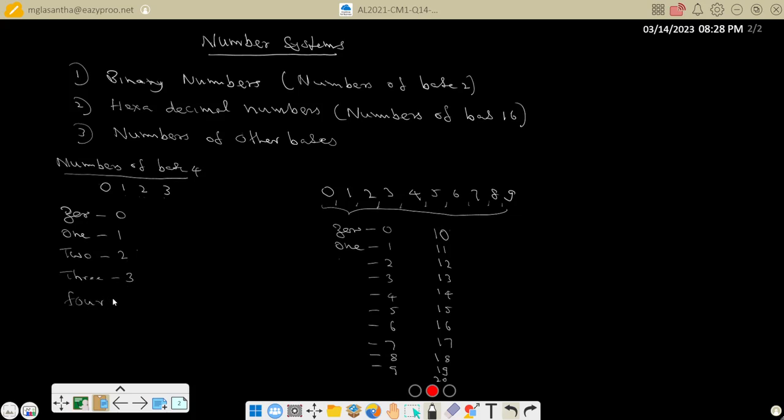For 4, do you use a new symbol? No. So for 4 we write 1, 0. How can we know it is 1, 0? Because you can use only these four symbols.